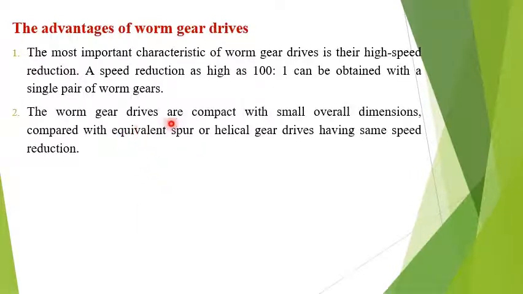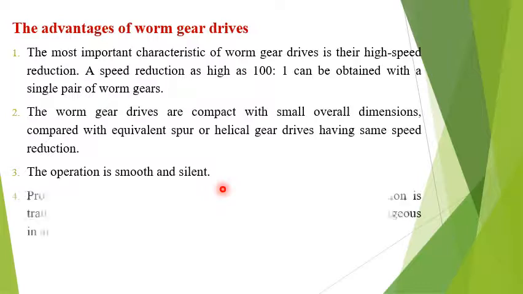Generally the worm gear drives are very compact, and their dimensions are small when compared with equivalent spur or helical gear drives with the same speed reduction. The operation of the worm gears is smooth and silent, without much noise.